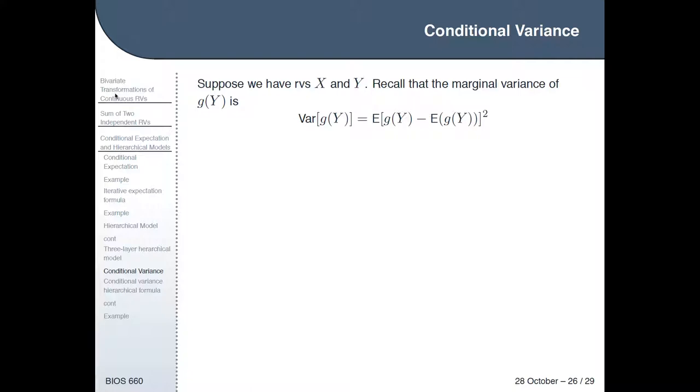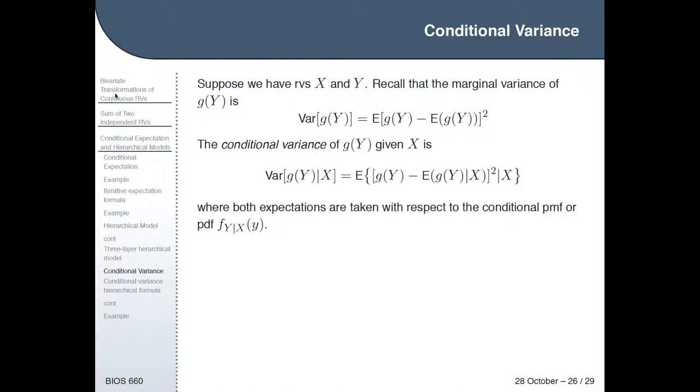Now we'll talk about conditional variance briefly. Say we have random variables x and y. If you recall, the definition of the marginal variance of y, or in general the marginal variance of g of y, is just the expected value of g of y minus the expected value of g of y, squared.